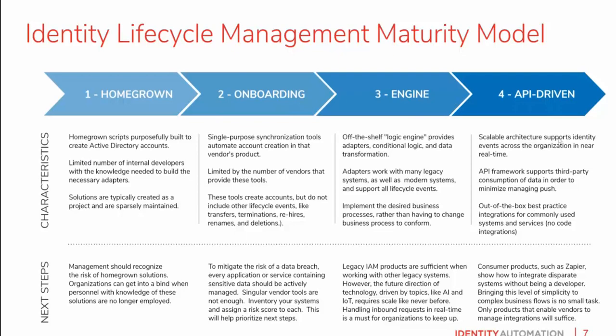But what happens is once the project gets started, that's when the customer starts getting educated on what is going to happen as these things get automated. And again, in our experience, 100% of the time, customers realize that implementing a best practice approach is going to force them to change business processes across the board, which would involve other departments having to change business processes as well, namely HR, when we're talking about internal identities.